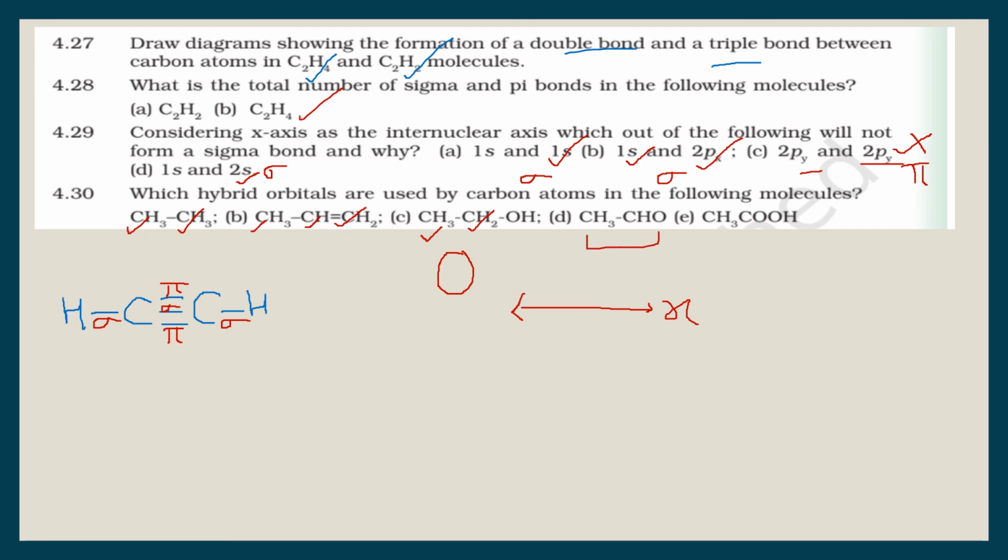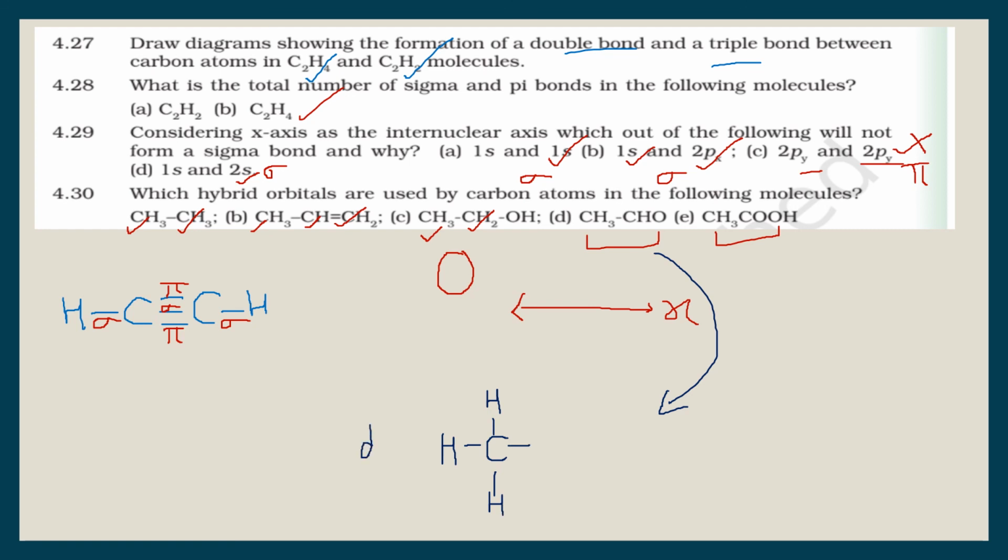Now this and this, let us draw them. You just have to keep in mind, you will understand these better when you do organic chemistry. But right now also, if you keep in mind that hydrogen can never make more than one bond and carbon always makes a total of 4 bonds, you can easily draw the structure. So the structure here is CH3 for the D part.